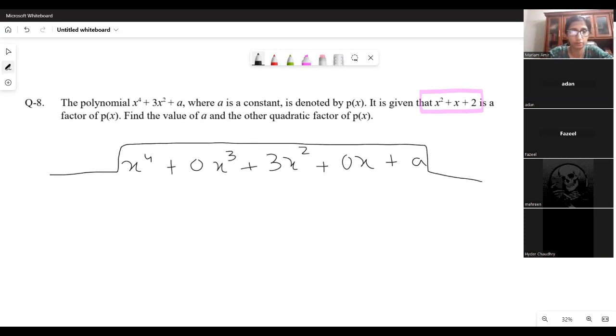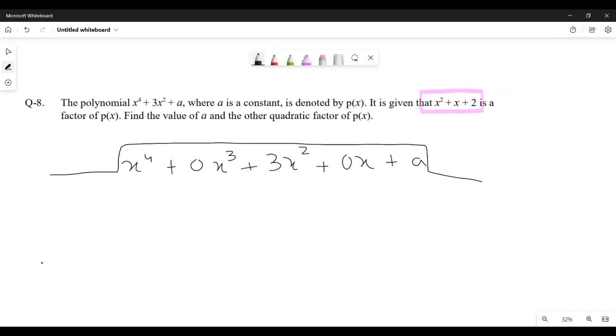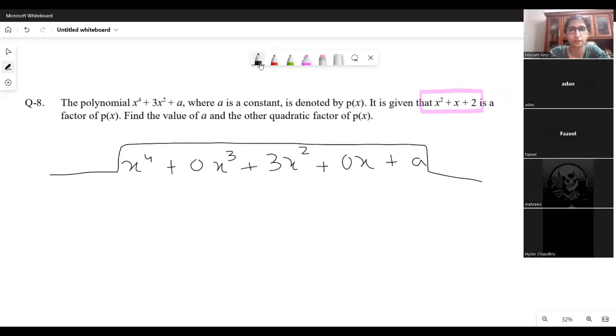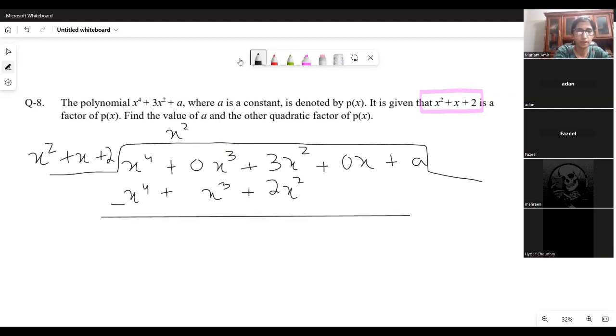Okay. So x square plus x plus 2, x square at the top, x power 4 plus x cube plus 2x square, minus, eliminated, minus x cube plus x square plus 0x plus a.